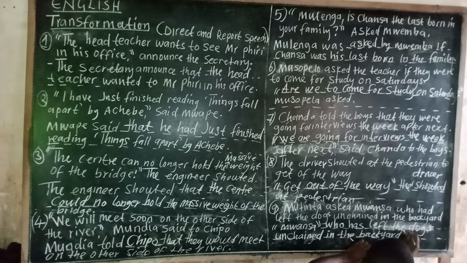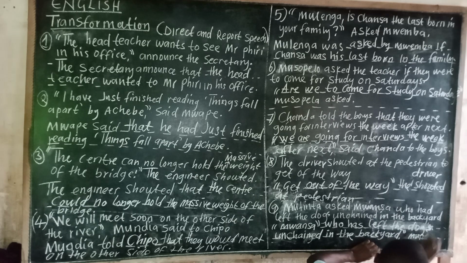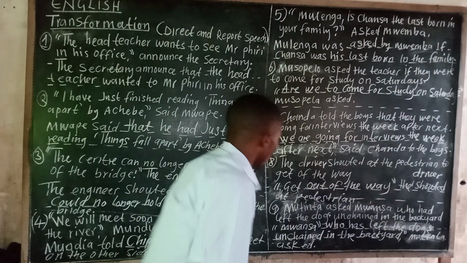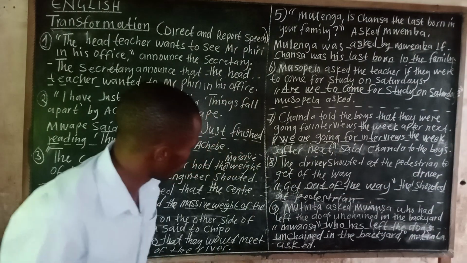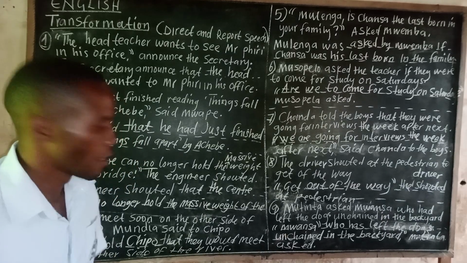Then you put the inverted comma, a comma, then Mutinta asked. Full stop. It means you have answered that one accordingly without changing the meaning.